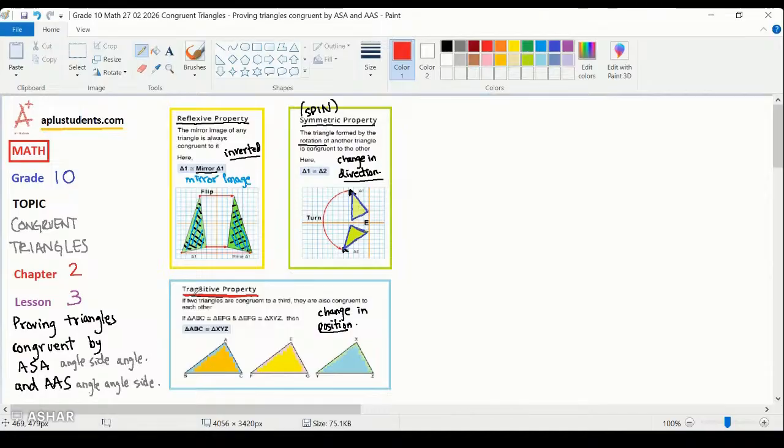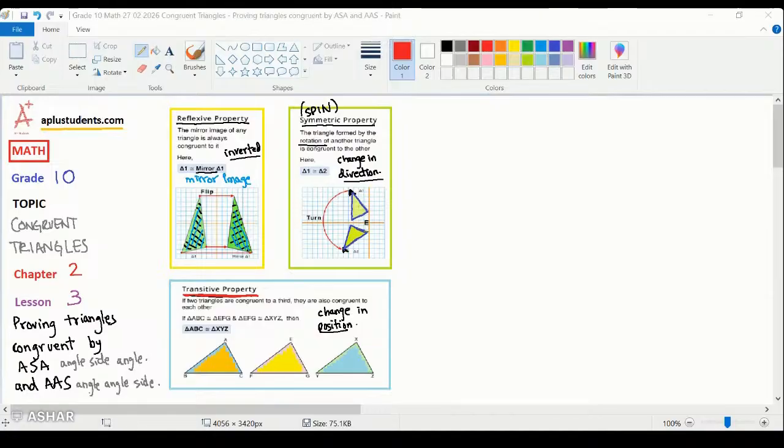If you're facing the mirror and you now turn towards the right, that means you did a spin, you changed your direction. If you move away from the mirror and stand somewhere else, that is the transitive property. That means you are still you, even though you're not standing in front of the mirror. So these were the basic properties that we already saw in the previous lesson: reflexive, symmetric, and transitive.